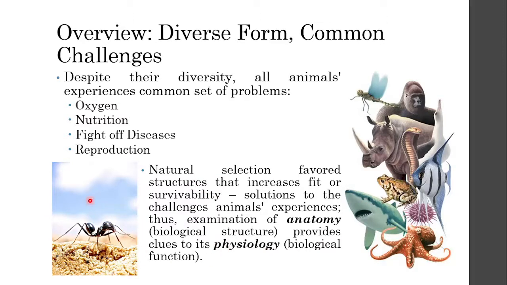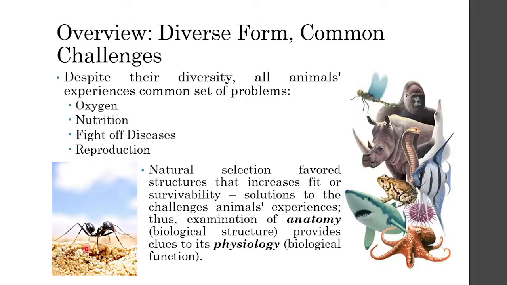So it all boils down to helping these organisms survive, helping them find oxygen, find food for nutrition, fight off, or in this situation escape prey by walking much faster, and even being able to reproduce because they survive having this long structure.